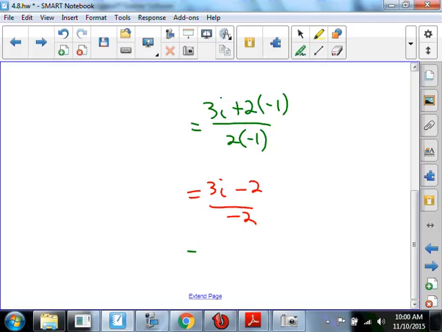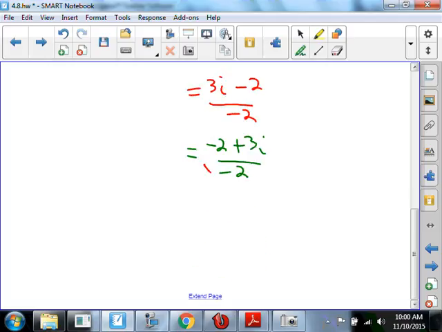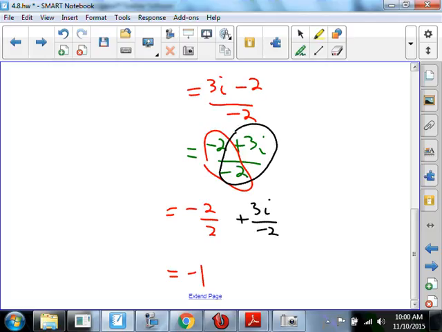So we're going to get (minus 2 plus 3i) over minus 2. Minus 2 over minus 2 is going to become just -1. And 3i over negative 2 is going to be minus 3 halves i. So that's the final answer.